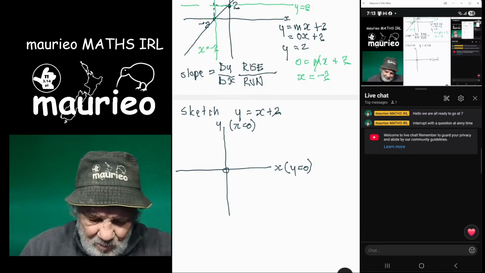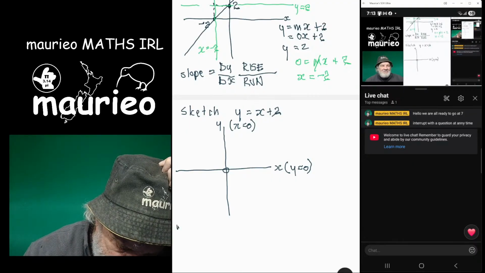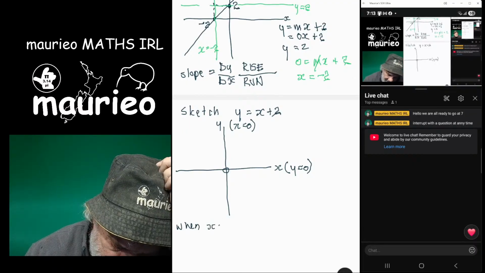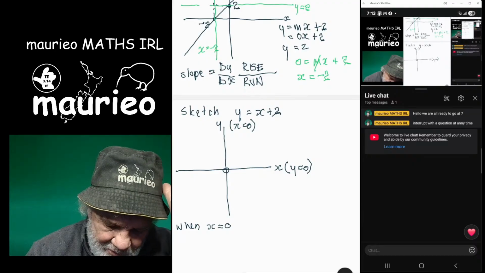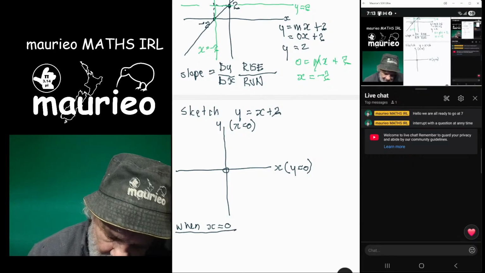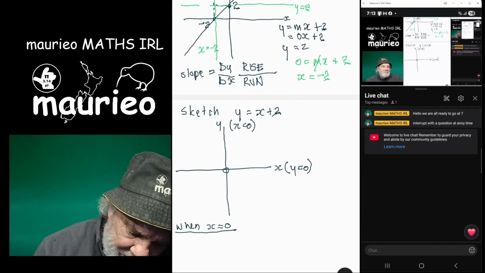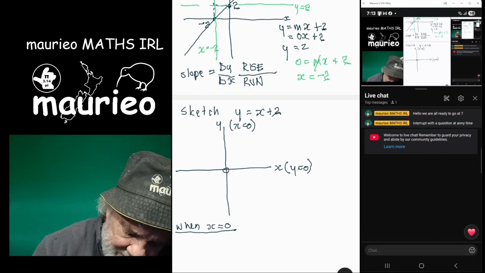So, one of the tools that we can use, and I always write it: when x equals 0, that is the y-axis. So we can investigate what happens on this line when x equals 0.